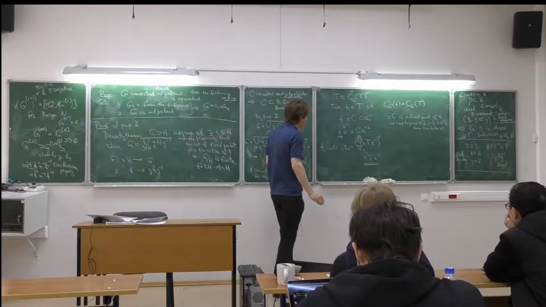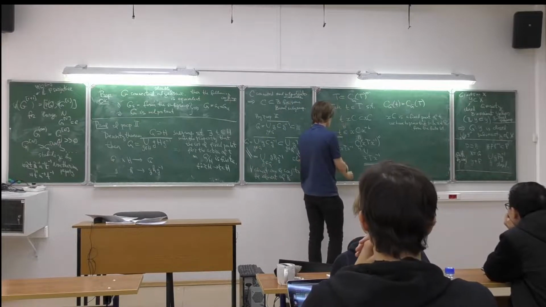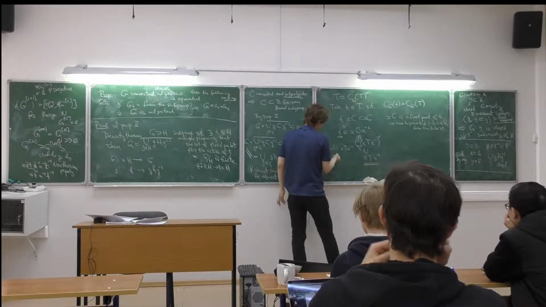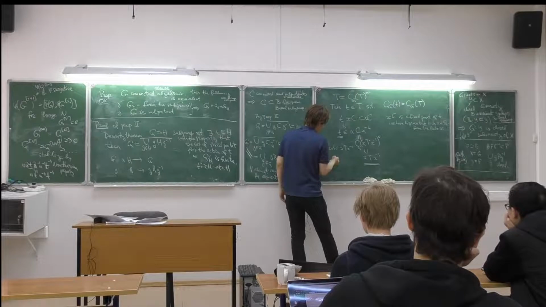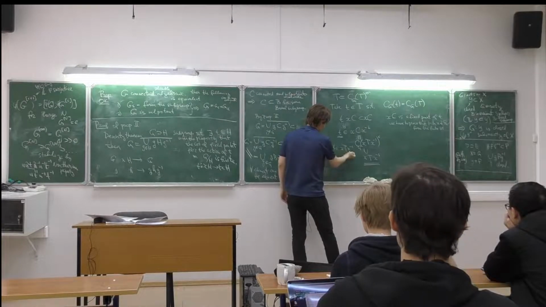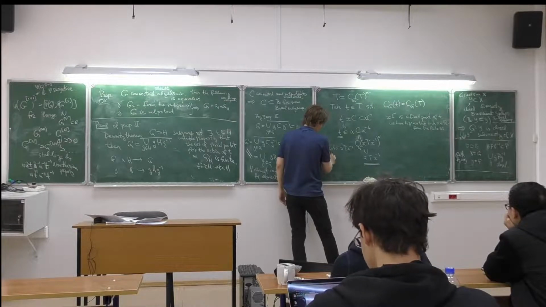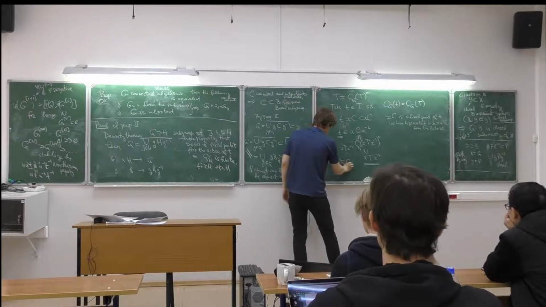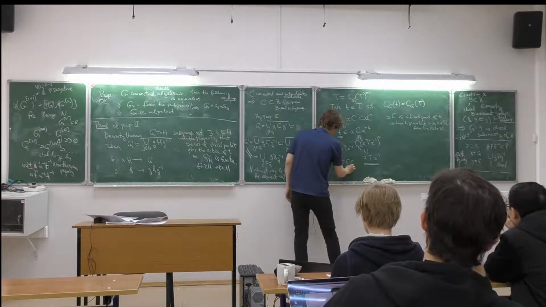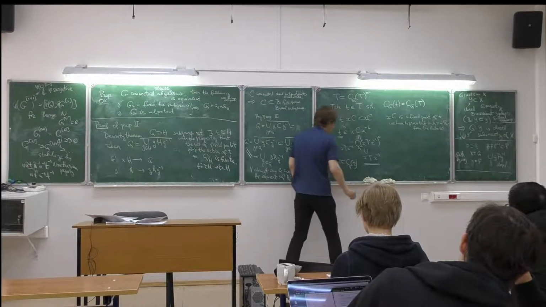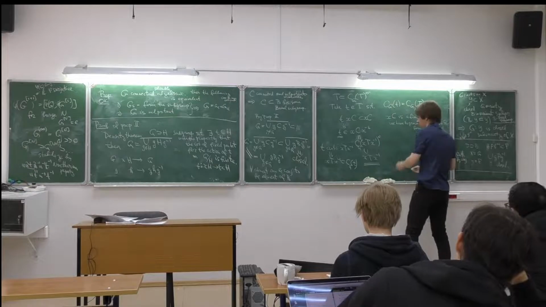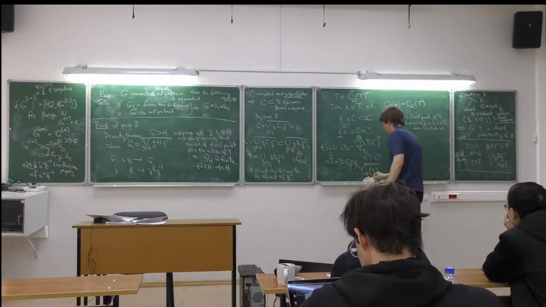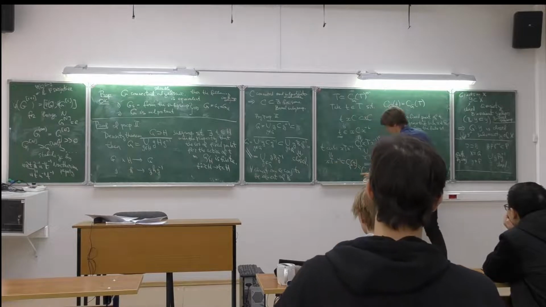This means that this thing sits in the centralizer of T. So that means that xTx inverse sits inside the centralizer of the element T inside G, but this is just the centralizer of the whole torus T. So this means that the conjugate torus sits inside the Cartan subgroup.